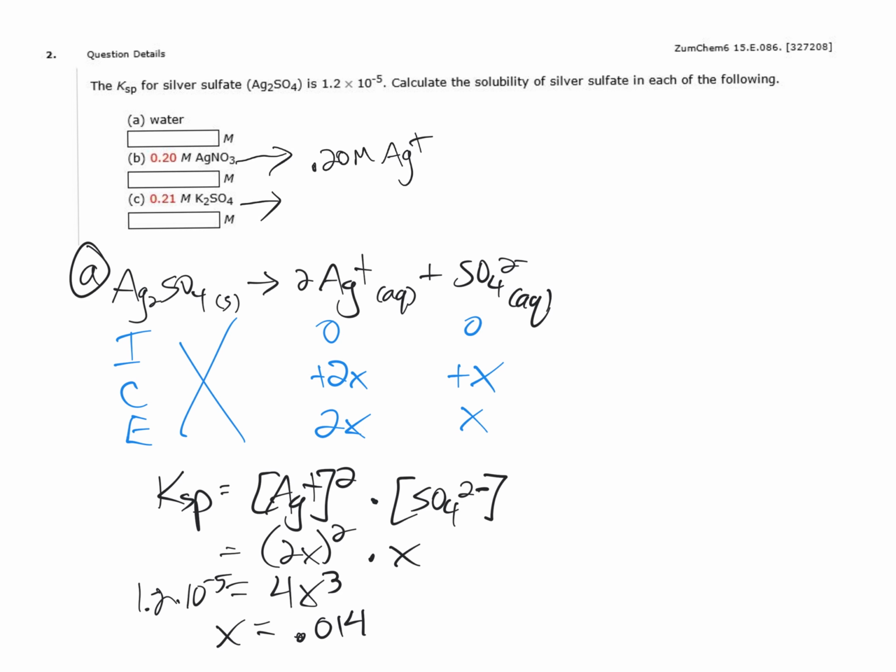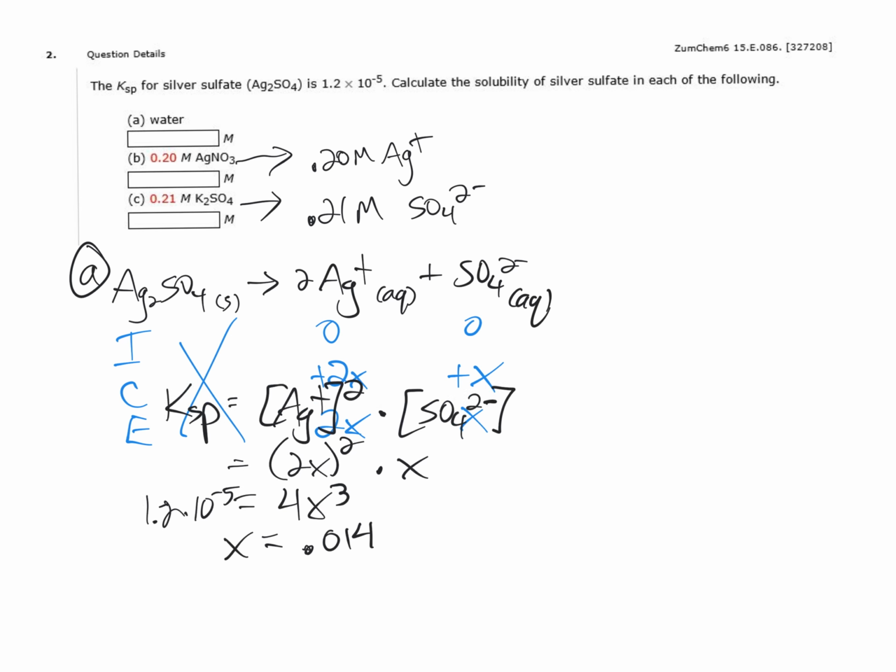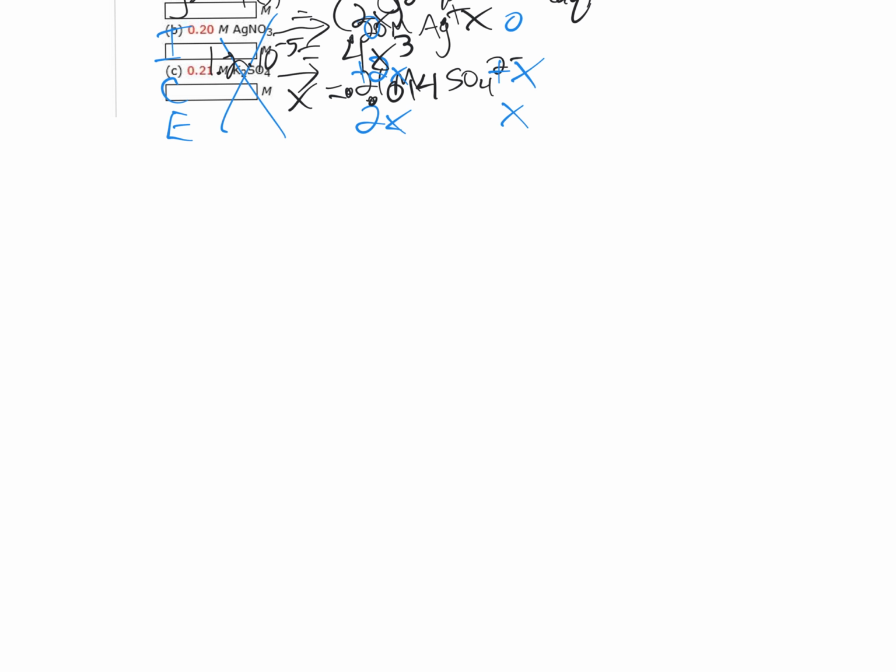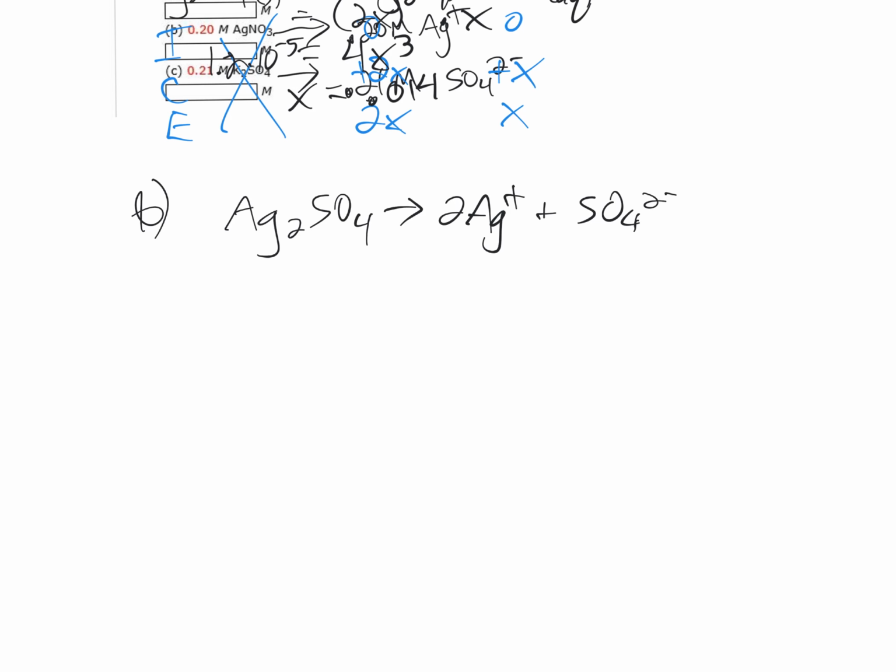And similarly, when we get to part C, we've got 0.21 molar potassium sulfate. When that breaks apart, we'll start with 0.21 molar sulfate ion. So part B, again, we write a good dissociation equation, and it's going to be the same for all parts of this problem. We'll ICE it. And the sulfate is the same as we found in part A, 0 plus x, and you end up with x.